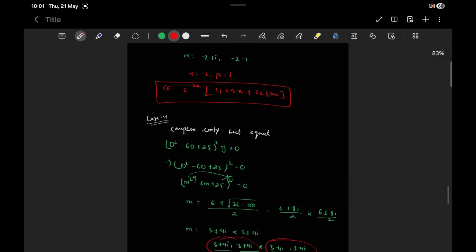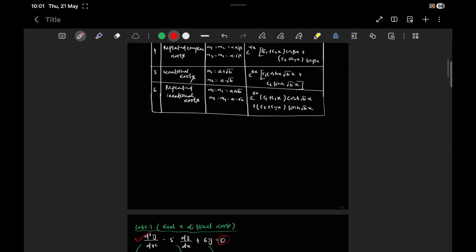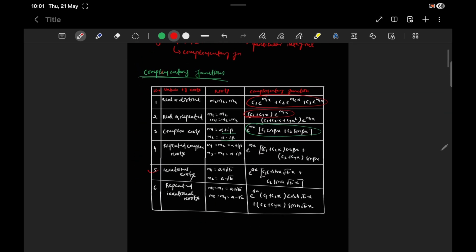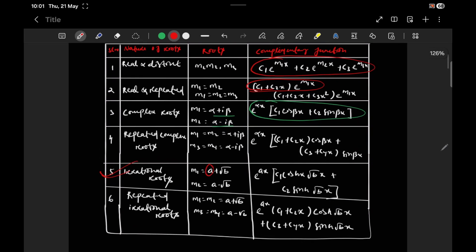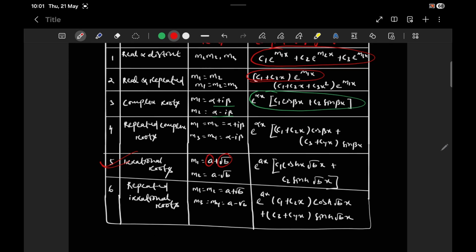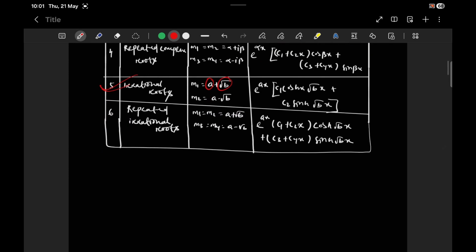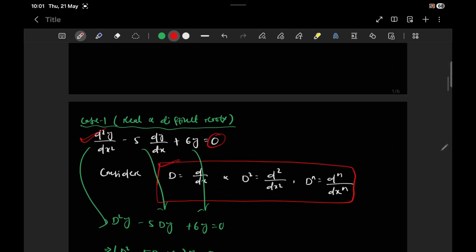So we have used this formula where a is 2 and b is root 3.